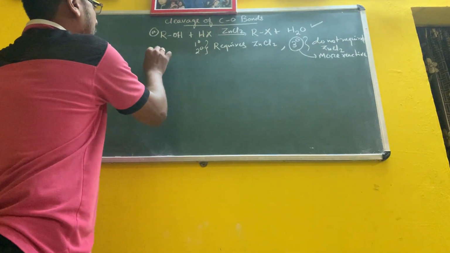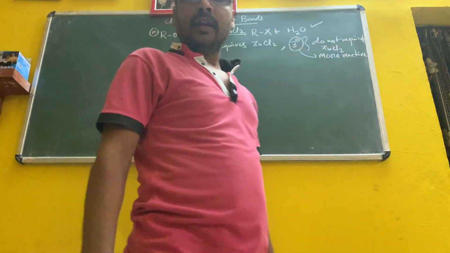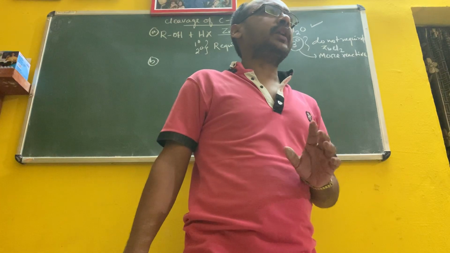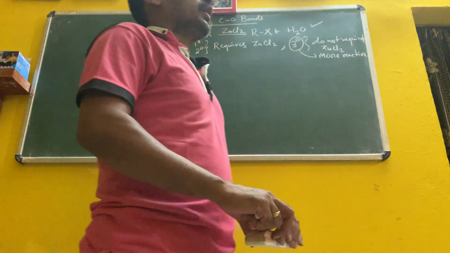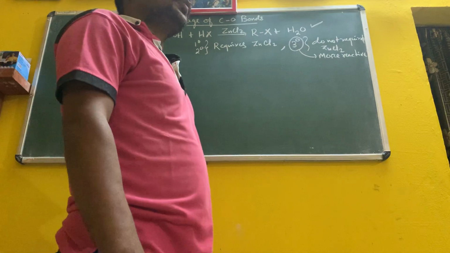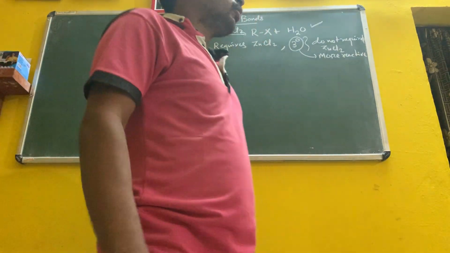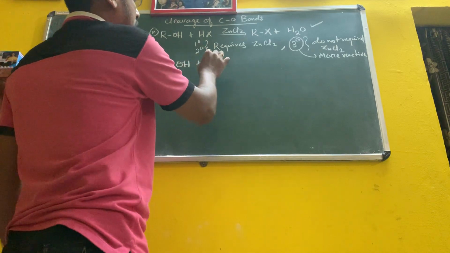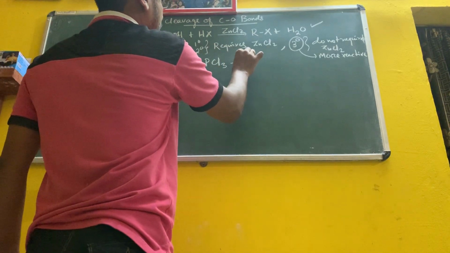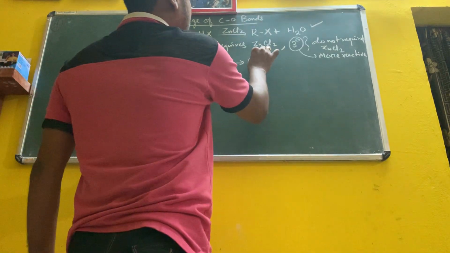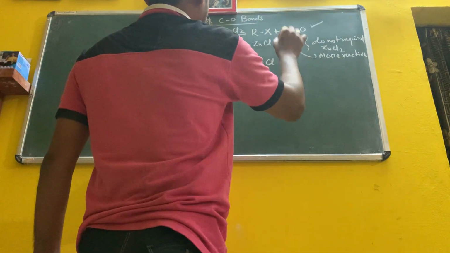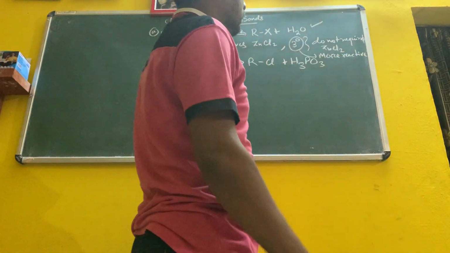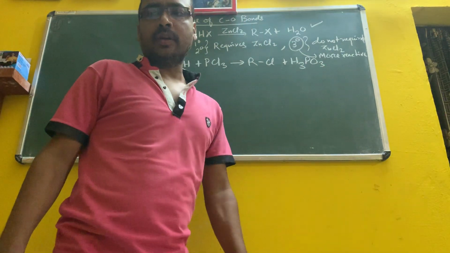Then second, in that batch, there are five important chemical reactions. With phosphorus trichloride: ROH plus phosphorus trichloride PCl3 to form RCl plus H3PO3, that is phosphorous acid.